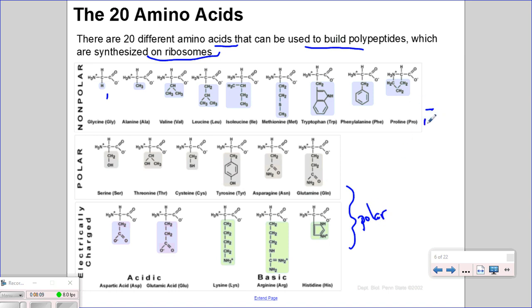So you have nonpolar, that's off to the side, and I'll rewrite it. So you have nonpolar amino acids, and you have polar amino acids. And you need to be able to explain how these amino acids would make up a protein structure.